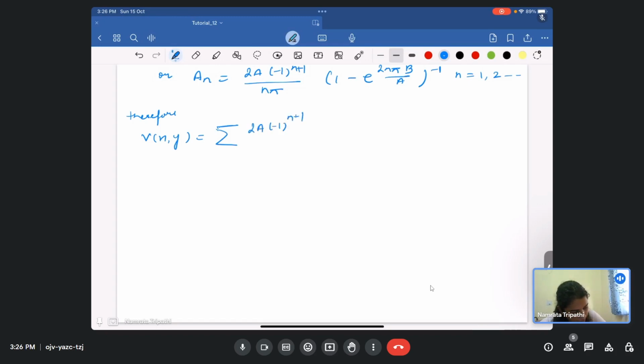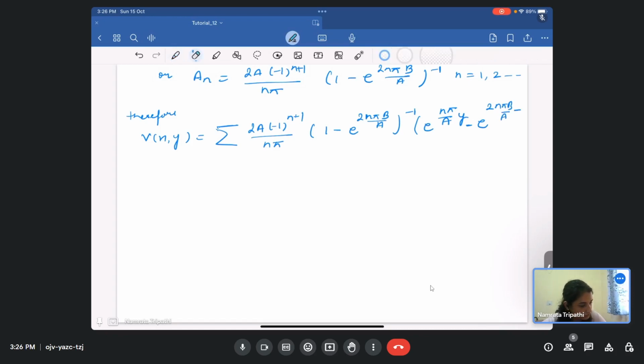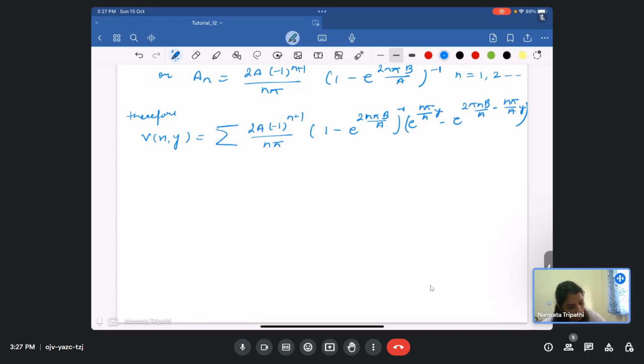It is 2a minus 1 to the power n plus 1, 1 minus e to the power 2 n pi b by a inverse, into e to the power n pi by a y minus e to the power 2 n pi b by a minus n pi upon a y, into sine n pi by a into x.